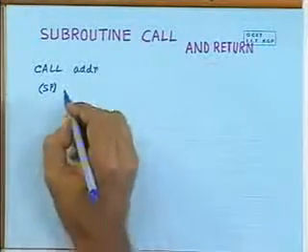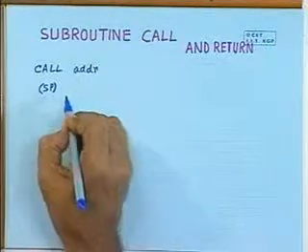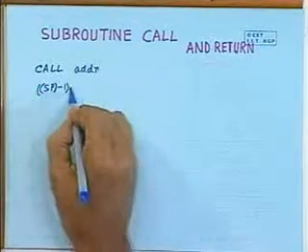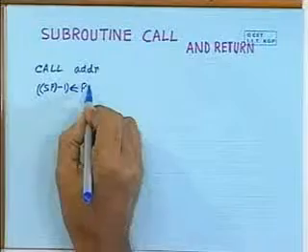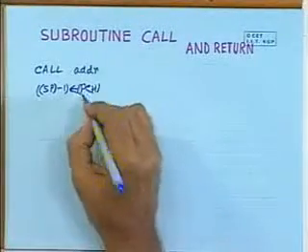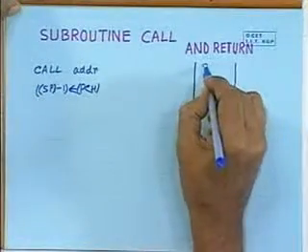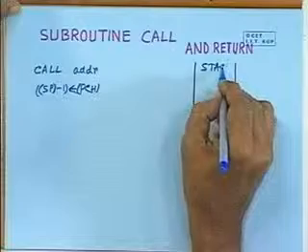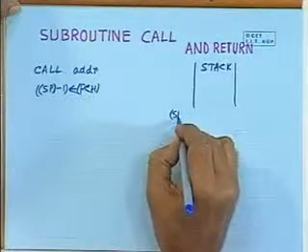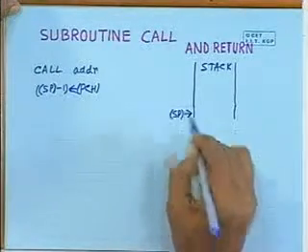For example, the operation performed by this subroutine call instruction is like this: stack pointer minus 1 is the address which is loaded by program counter high. For example, let's assume this is your stack. We know that stack is implemented with the help of a stack pointer. Let's assume the stack pointer is pointing to this location.